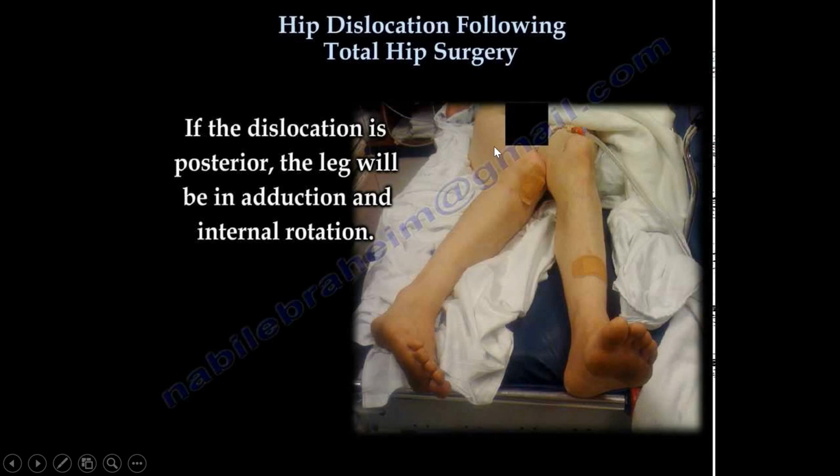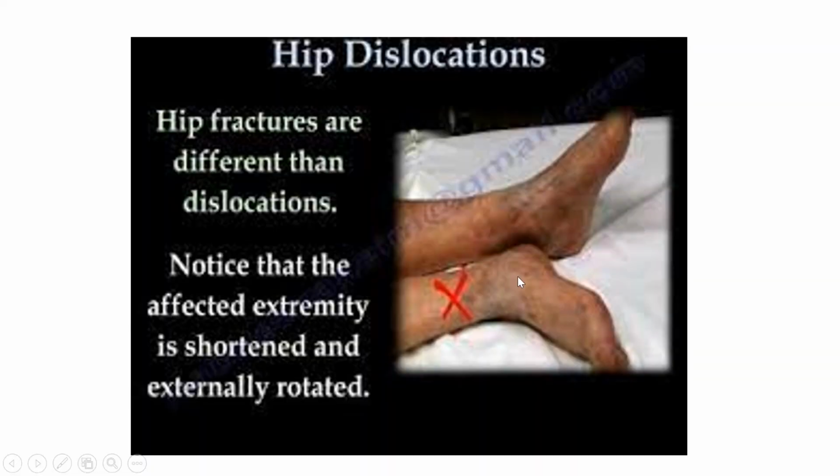Here you can see adduction and medial rotation. Whereas in case of anterior dislocation, the leg is laterally rotated. And in both cases, especially in posterior dislocation, the affected limb becomes short because the head of the femur has moved upward out of the acetabulum. So the length of the limb reduces.